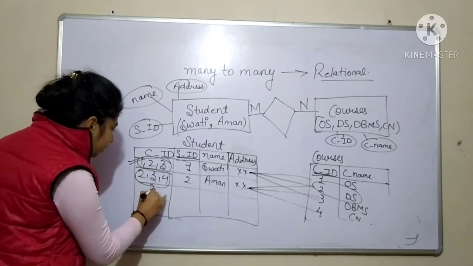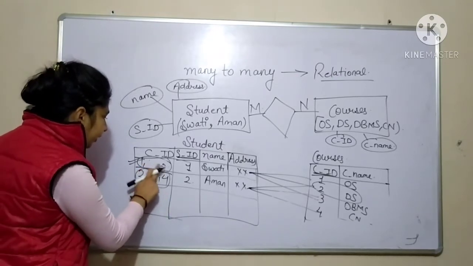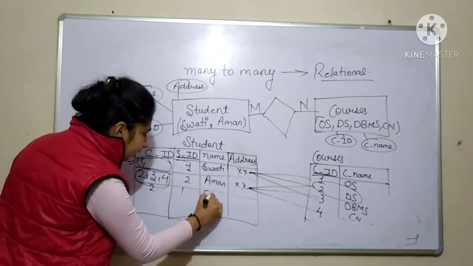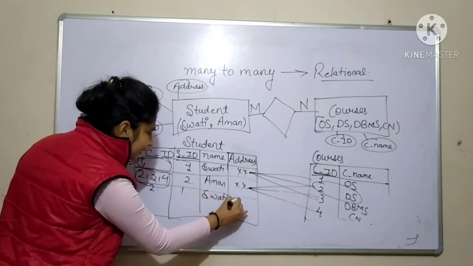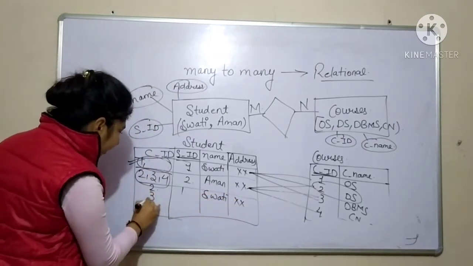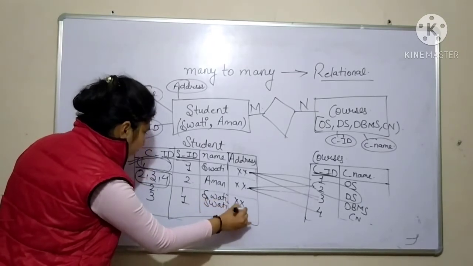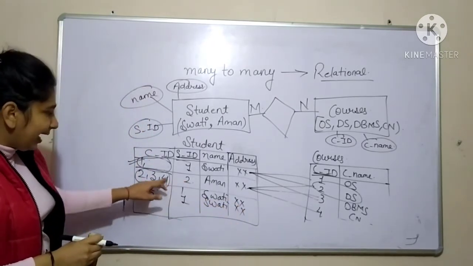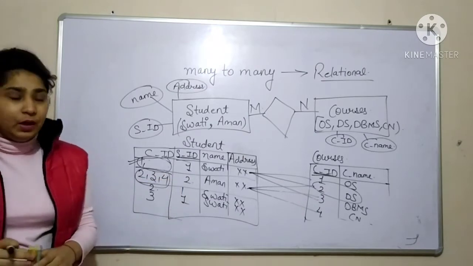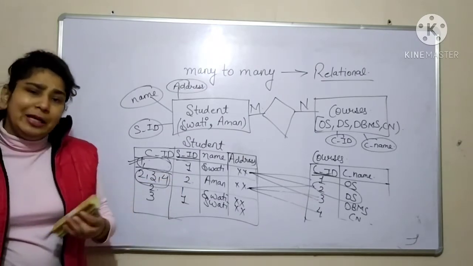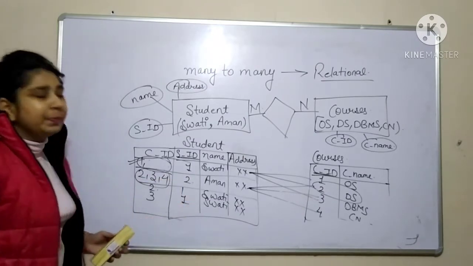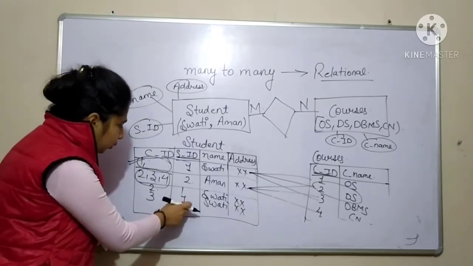If you don't want to write like this, what will you be doing? 2, 1, Swati and this way. Then 3, 1, Swati, this way. Similarly, you will be writing for Aman. So, there is going to be a lot of redundancy in this case also.